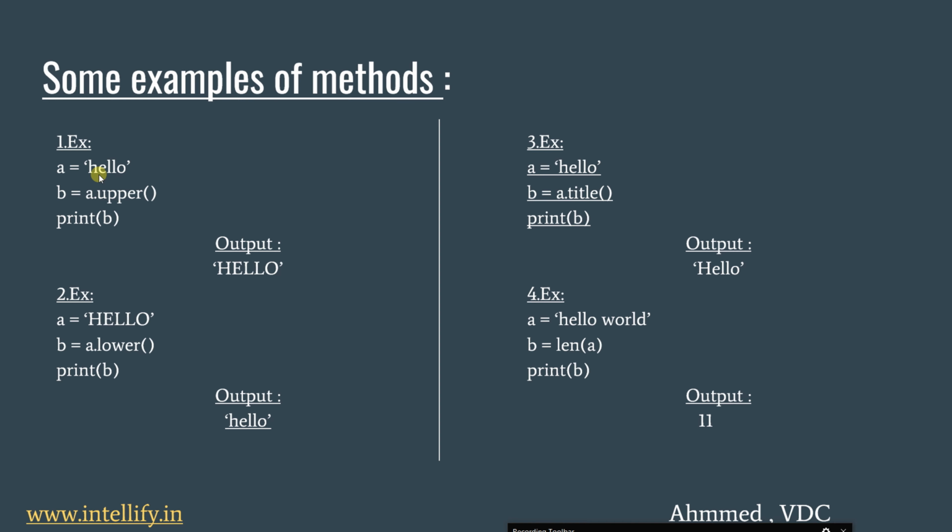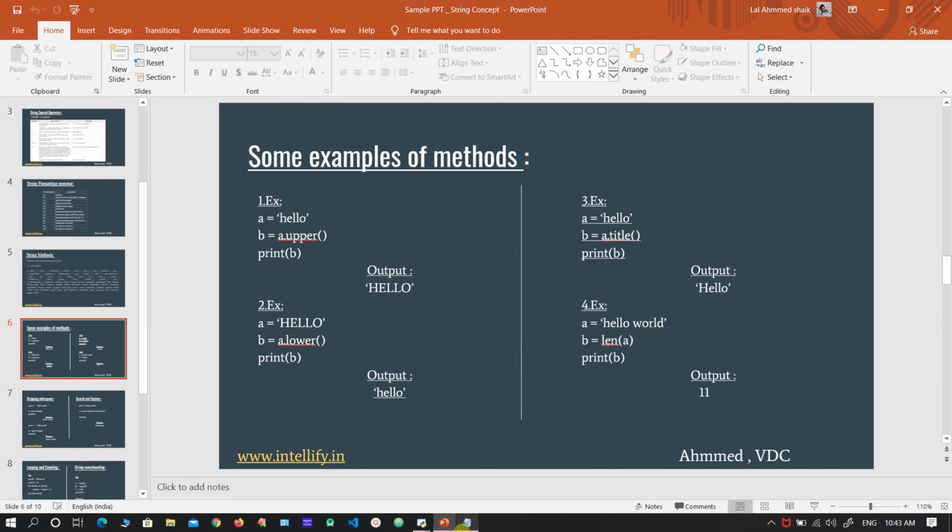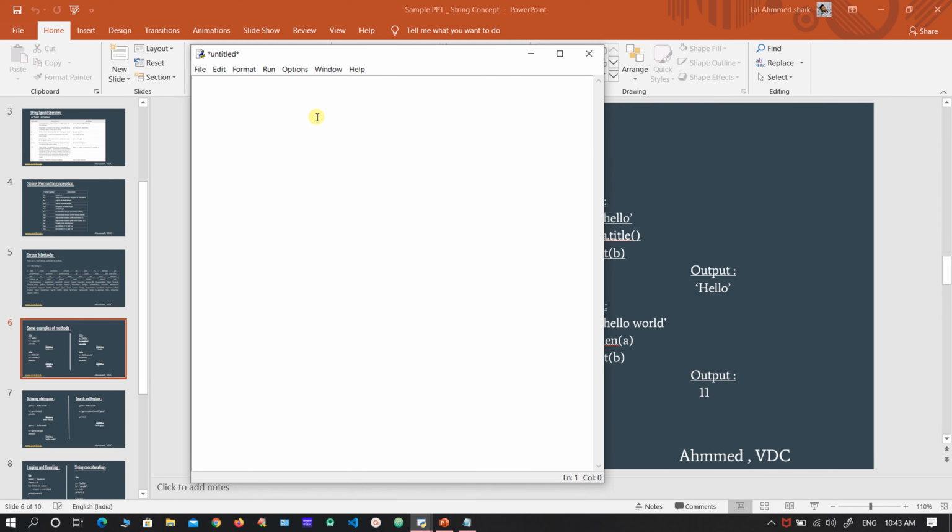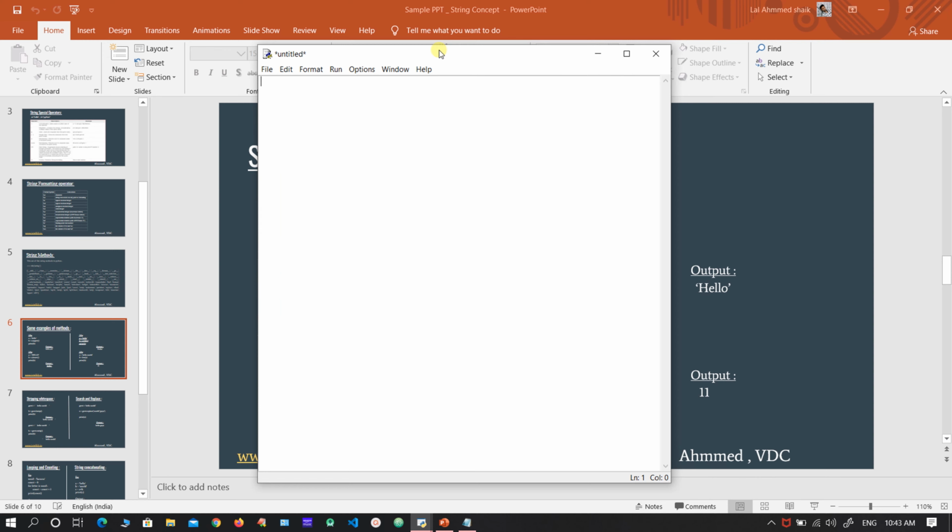This is the example we write in code. A is hello, A dot lower.